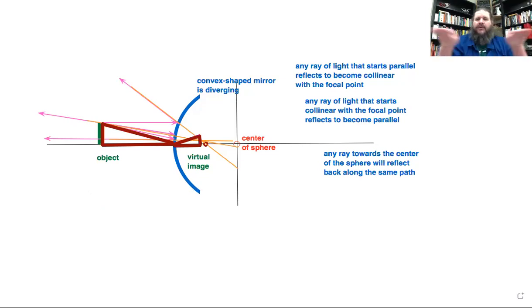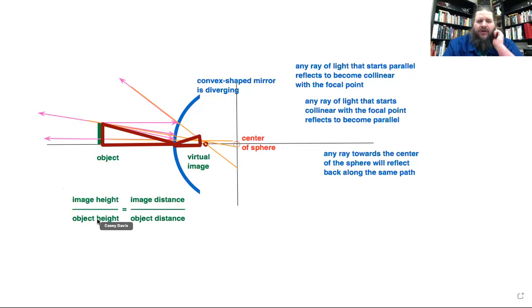That is the horizontal distance as measured from the mirror outwards. So image distance over object distance is going to be the same ratio. Image height over object height, the apparent height of the image divided by the actual height of the object, is going to match the ratio of the distance from the mirror to the image over the distance from the mirror to the object.